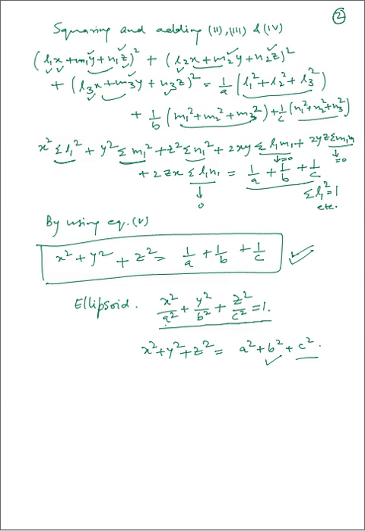If we refer to our last lecture, lecture number 2, in that we have written that the plane is given by Lx plus My plus Nz is equal to 1.